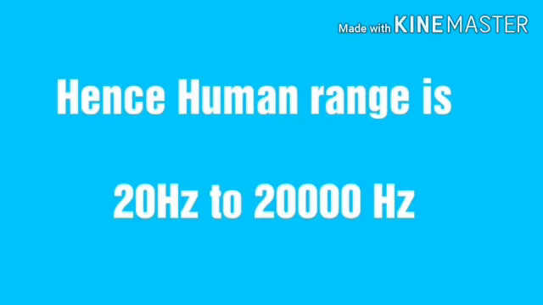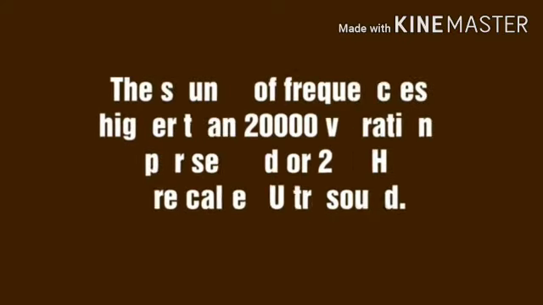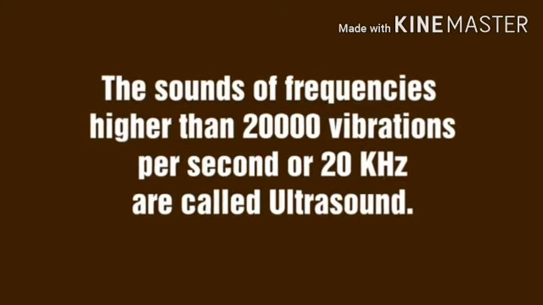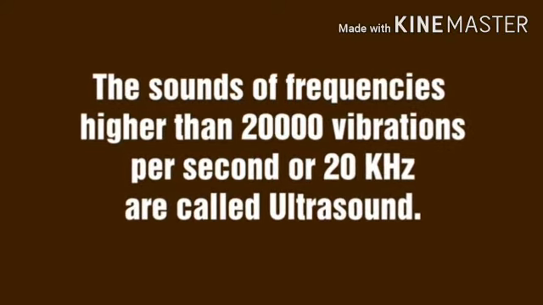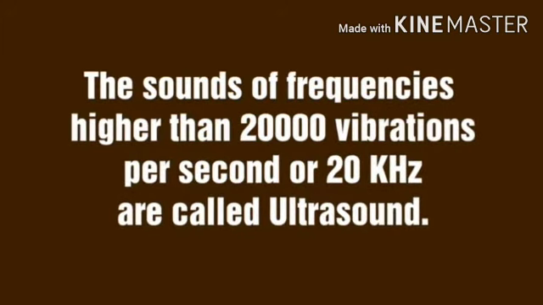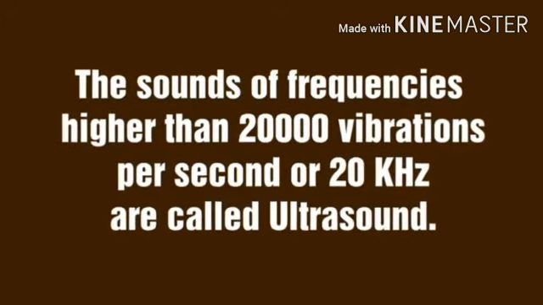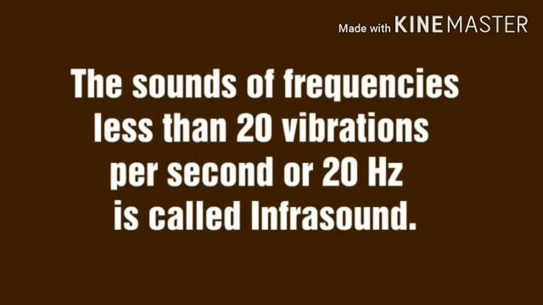This is called audible sound waves. Sound of frequency higher than 20,000 vibrations per second, or 20 kHz, is called ultrasonic sound waves. Sound waves of frequencies less than 20 Hz are called infrasonic sound waves.